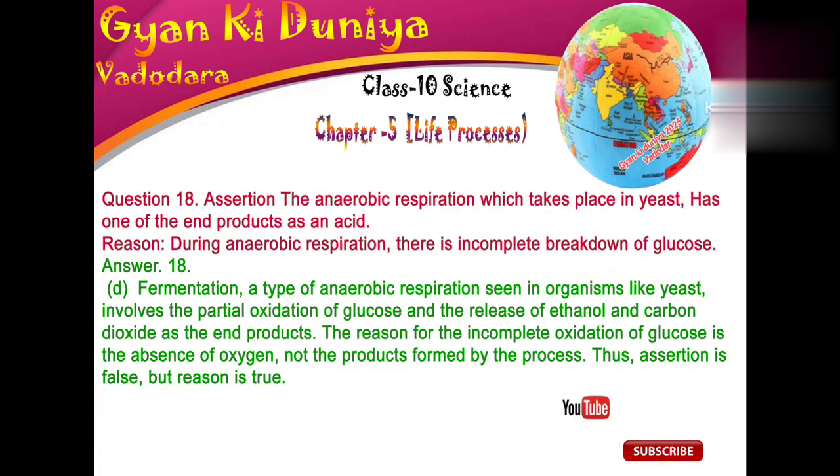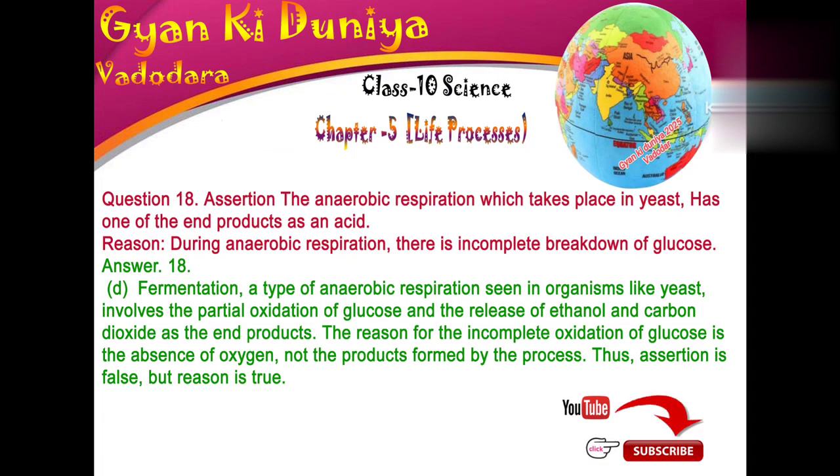Question number 18. Assertion. The anaerobic respiration which takes place in yeast has one of the end products as an acid. Reason. During anaerobic respiration there is incomplete breakdown of glucose. Answer number 18. D. Fermentation.